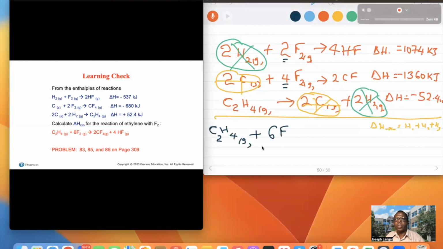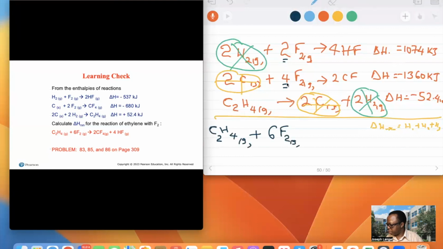You add 2 and 4, which gives us 6 moles of fluorine gas, to produce 2 CF4 gas plus 4HF gas.